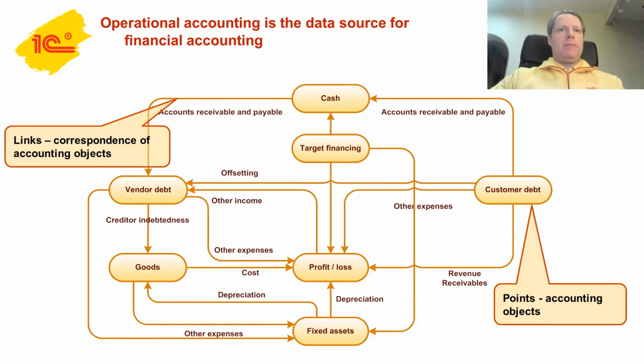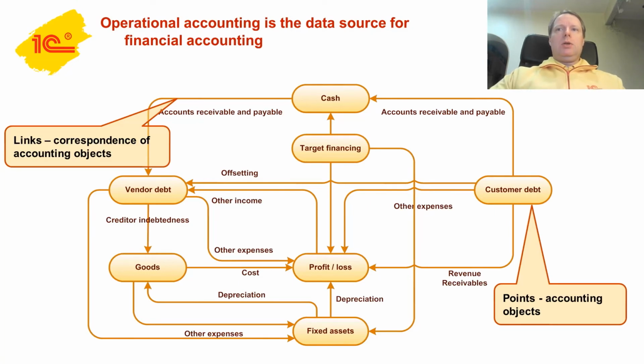Here is the scheme. The elements of the scheme are the accounting objects. The links between them are the correspondence of accounting objects. The operational accounting has tables and registers for the accounting objects. We named objects as cash, vendors, customers, fixed assets, and others.